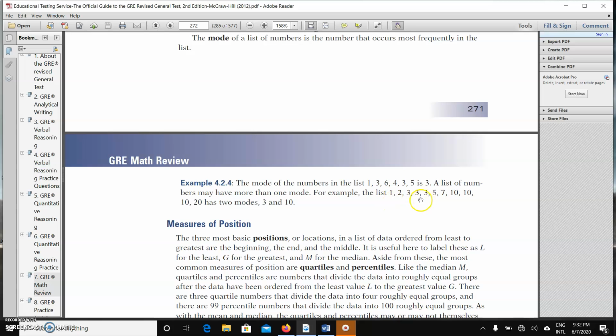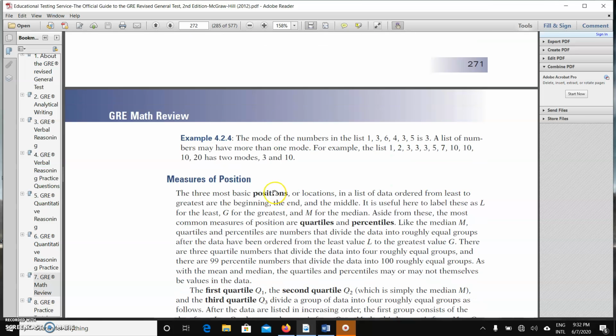However, if 3 appeared 4 times and 10 appeared 3 times, you would pick 3, because that is the one that appears most. The definition of mode is the number that appears most. But in this case, we have two different numbers with the same number of appearances, which is 3 and 10. So that's why we put both of them. It's possible to have more than one mode.